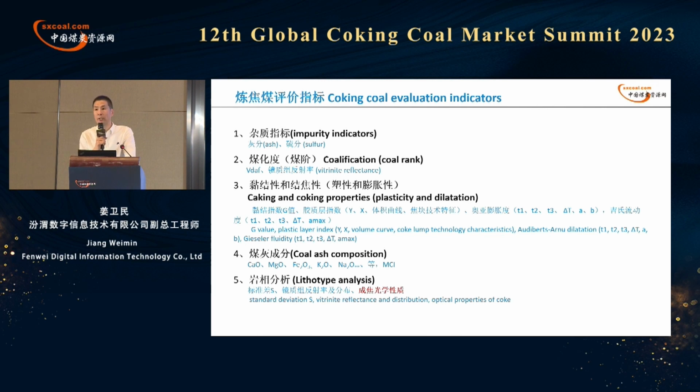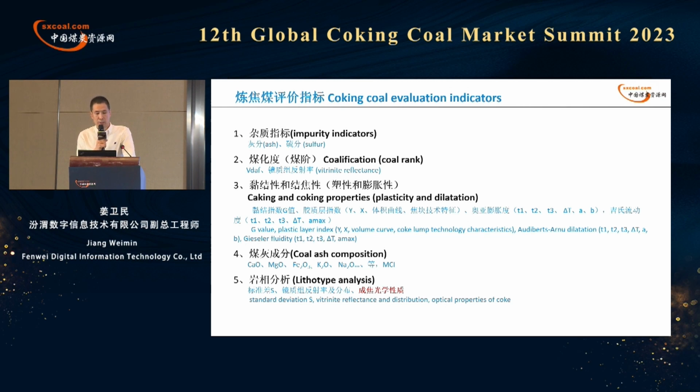I only list part of them. The first is impurity indicators, including ash and sulfur. The second is qualification or coal rank, which is mainly VDAF and vitrinite reflectance.